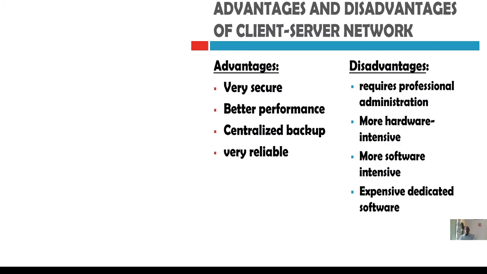Then, what are the main advantages and disadvantages of client-server communication? It is very secure, has better performance, centralized backup, and is very reliable. These are the main advantages of a client-server network. And what are the major disadvantages? It requires professional administration, more hardware is needed, more software is needed, and expensive dedicated software. These are the main disadvantages.